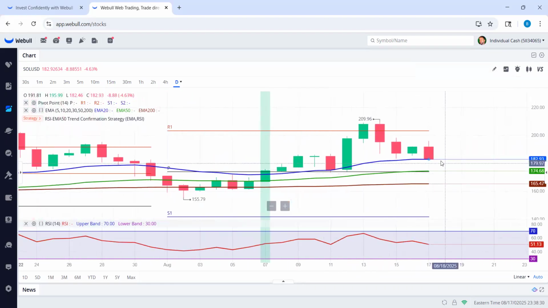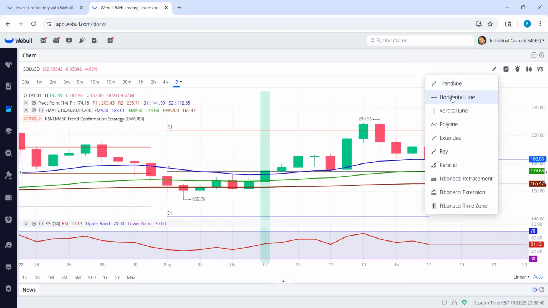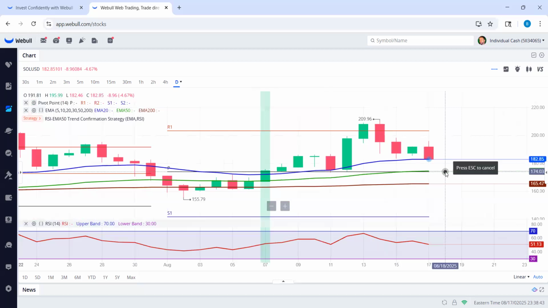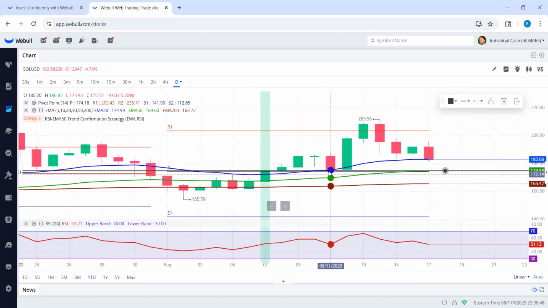Right now, it's at a really good point. It's at the 20 EMA at $182.90. But here, you go over here and put your horizontal line, you will see here's the pivot point. Pivot point's at the 50. It's already hit this point right here already.